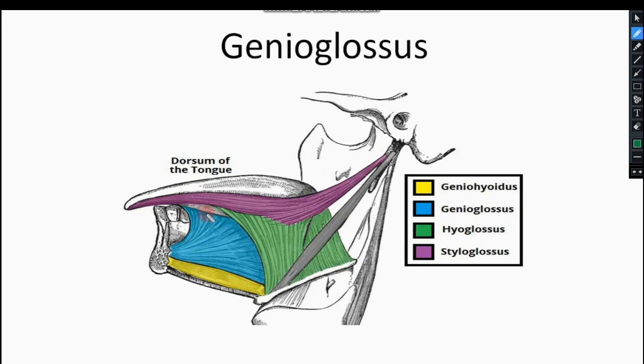The middle fibers form the main dorsum of the tongue, whereas the lower fibers are directed backward and downward toward the hyoid bone. These are the points of insertion. Now look at the point of origin: this is the upper genial tubercle, make it in a circle. This is the point of origin.